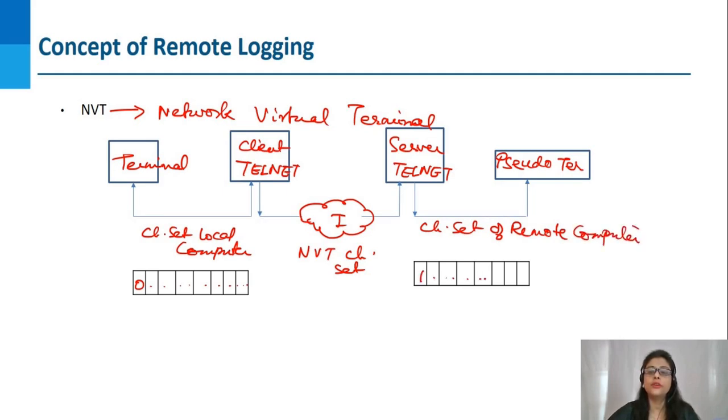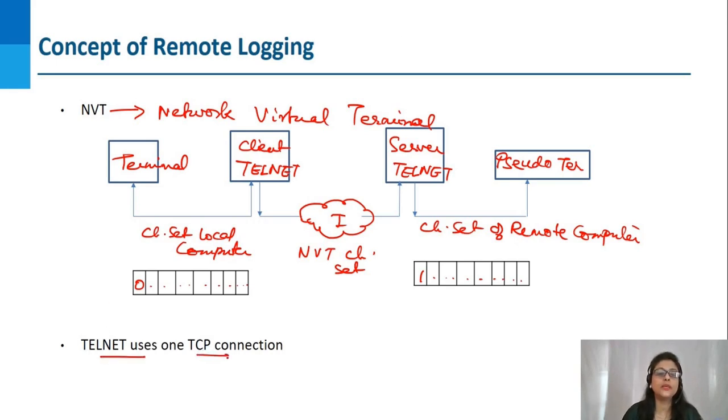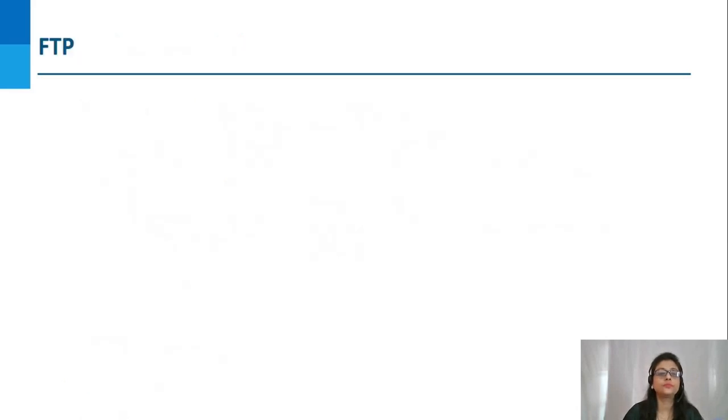It can be different. So this is the concept of remote logging and the NVT. Telnet uses only one TCP connection, and the server port that it uses is 23, and the client port is ephemeral in nature.